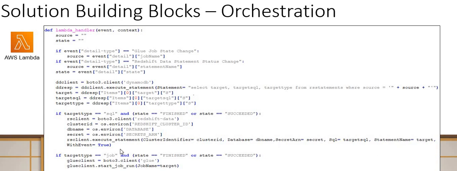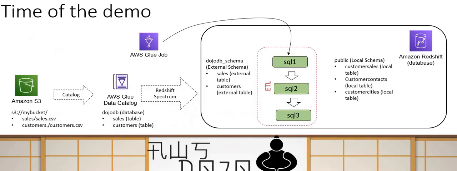And if it is a job type target, and again the state is finished or succeeded, then simply start the Glue job. Nothing more than that. So it's pretty straightforward code, which is simply fetching the information from DynamoDB to determine which job or statement has finished execution and what is my next target SQL or target job, and simply executing that. So this is the code which is orchestrating the whole thing.